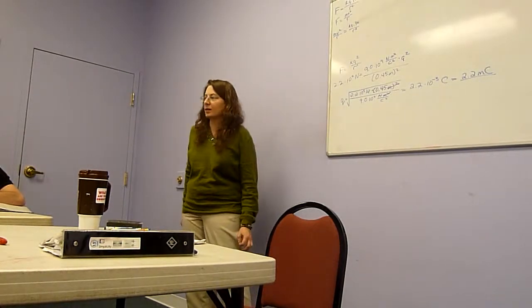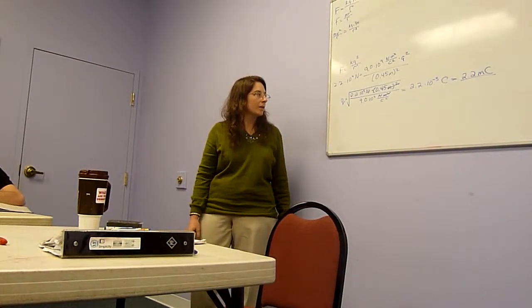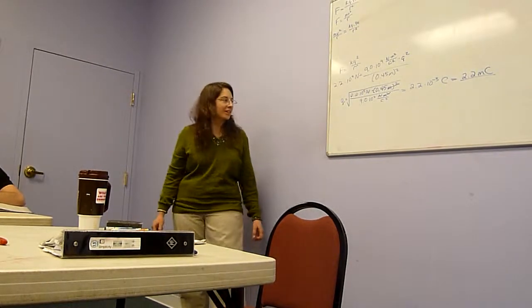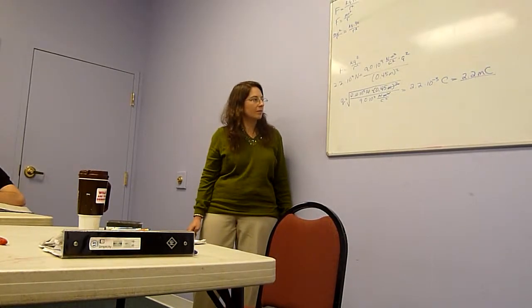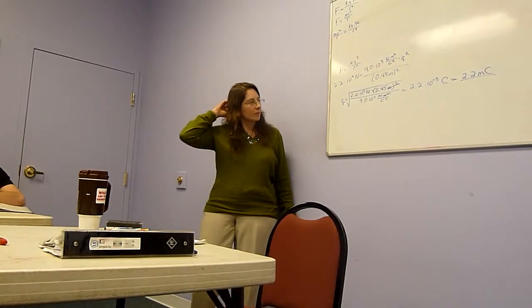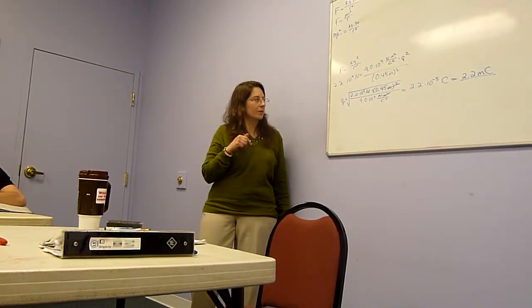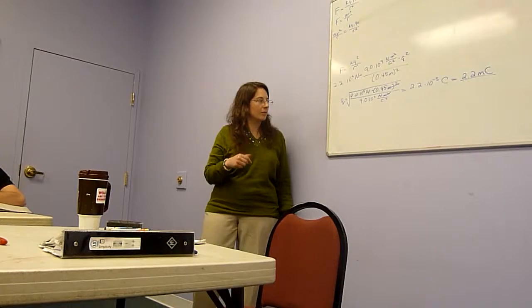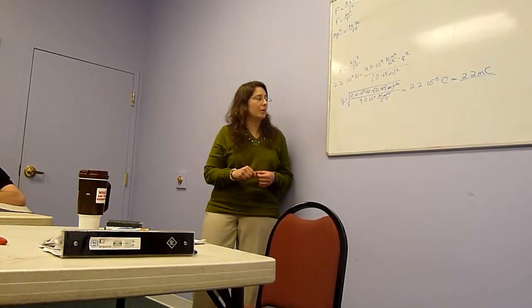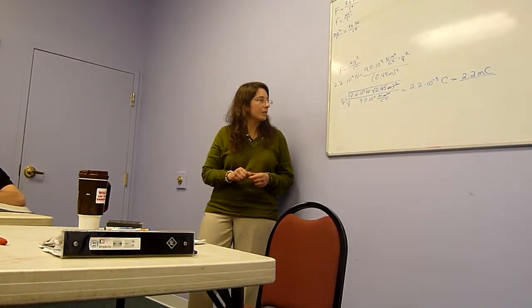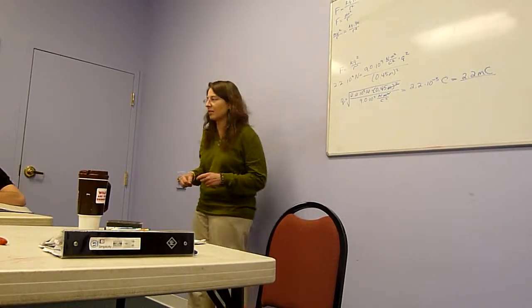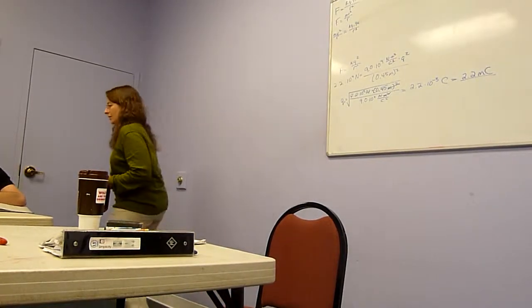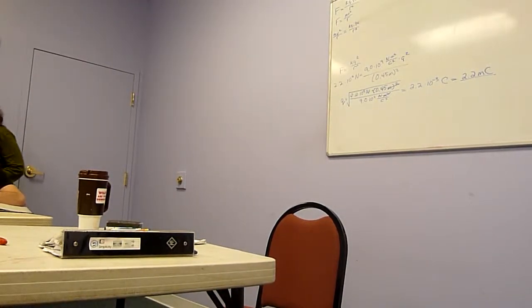I got 2.2 now, but I got like 2.3 times 10 to the 2 before, because I thought they were milli and I converted them, dividing them by 1,000. So that's what I did the first time. But I got 2.2 just now, times 10 to the negative 3. Yeah. Okay, good. You want to try this one? Yeah, I did it.